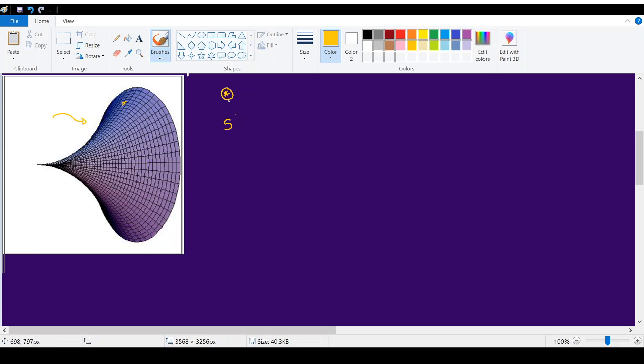Now when it comes to the formulas, before writing them down, I have to tell one more thing. We obtained this solid object by the rotation of a curve across the x-axis.